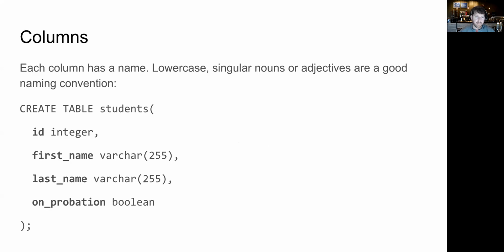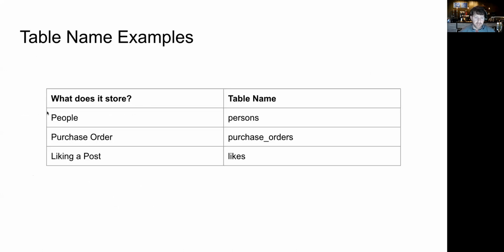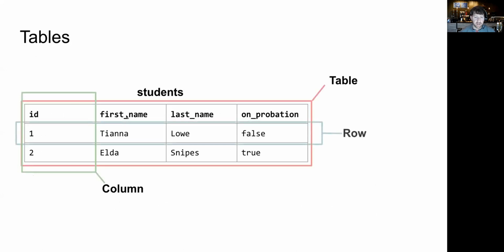So we talked about tables. Now let's talk about columns. Each column has a name. Lowercase singular nouns or adjectives are a good naming convention. So just like we had back here: ID, first name, last name, on probation.